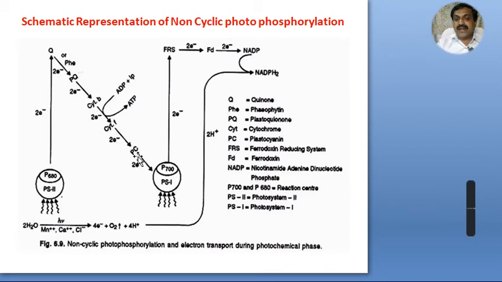After getting the electron, the P700, which was in the excited state, now comes to the ground state. It was in the excited state after losing an electron, and that electron ended its journey with NADP, forming the reducing substance NADPH2, and it was still in the excited state.